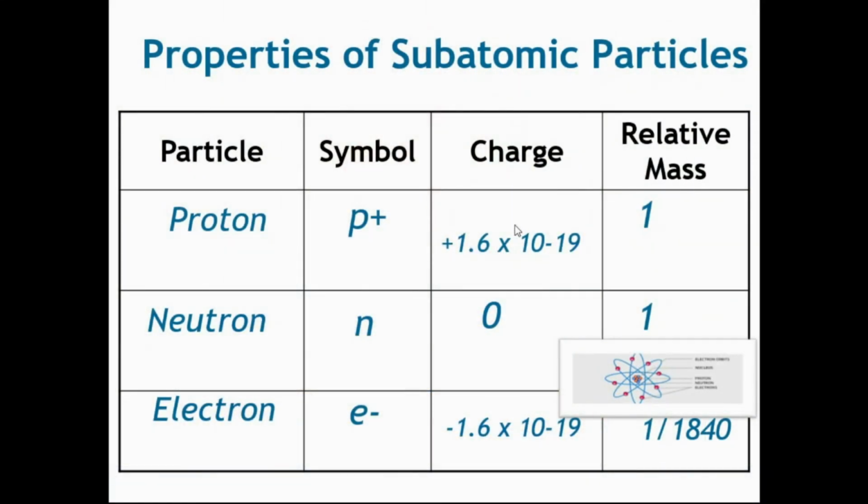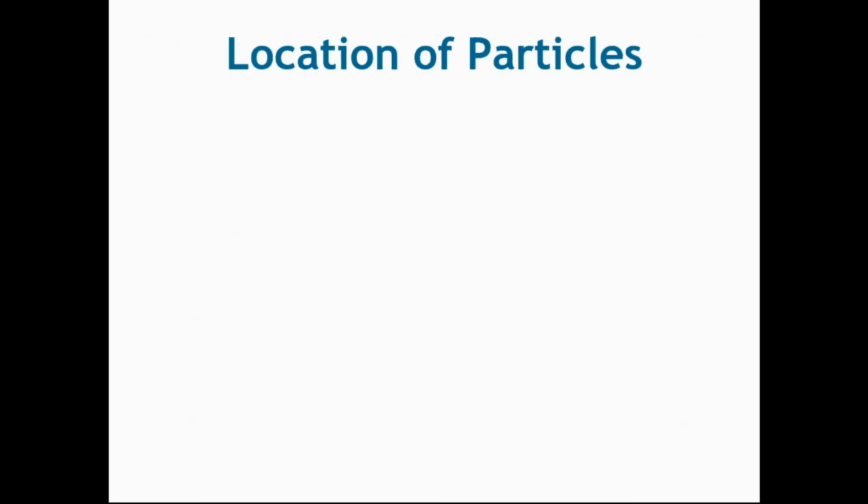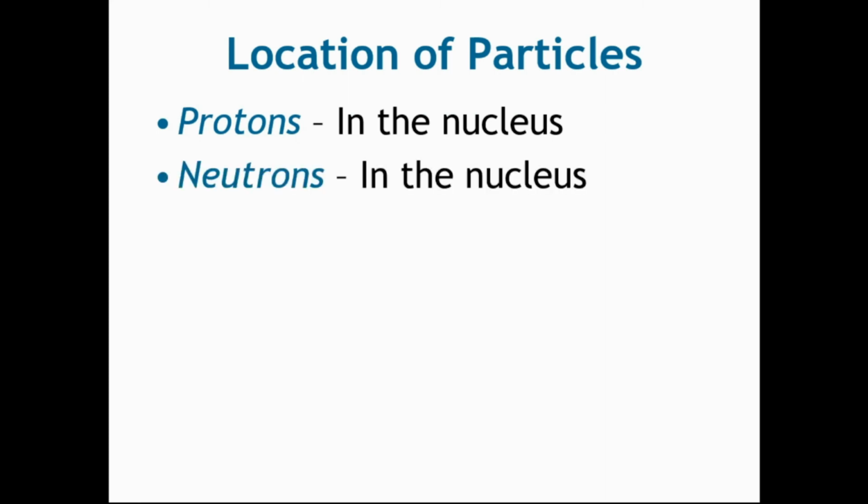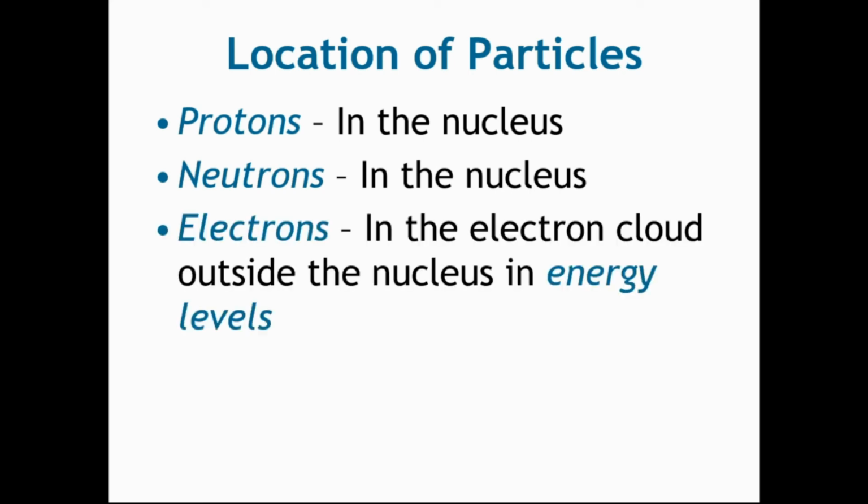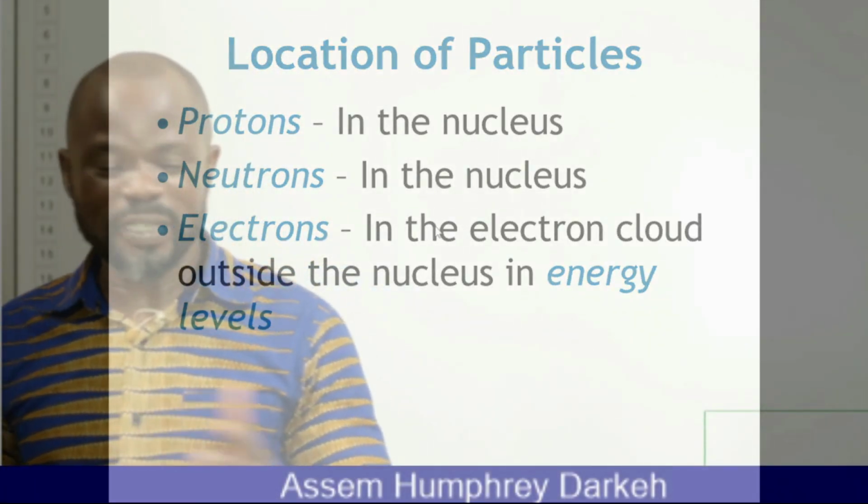So, like I said, we want to find the location of these particles in the atom. So, protons are in the nucleus, as we have said already. We also want to say that neutrons are in the nucleus. Then, the electrons are actually in what we call the electron cloud outside the nucleus, and this specifically we call the energy levels, or the shells, or the orbitals.